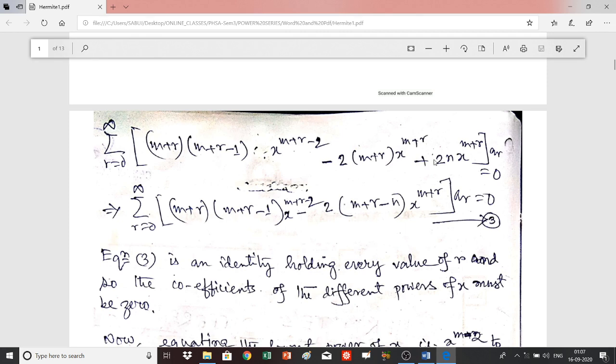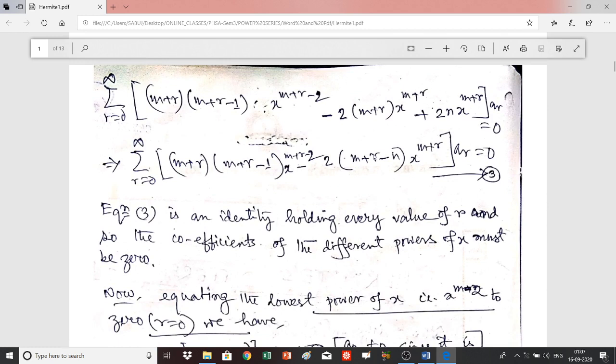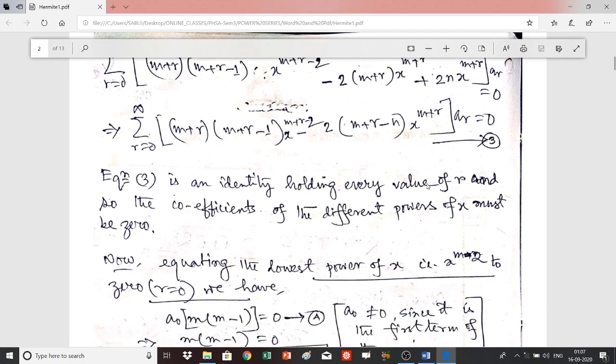The last term was 2n into y, that is 2n x to the power m plus r, with a_r. Simplifying the last two terms, the first term is written as usual, minus 2 into (m plus r minus n) x to the power m plus r a_r, equal to 0. So equation 3 is actually an identity equation, which holds for every value of r.